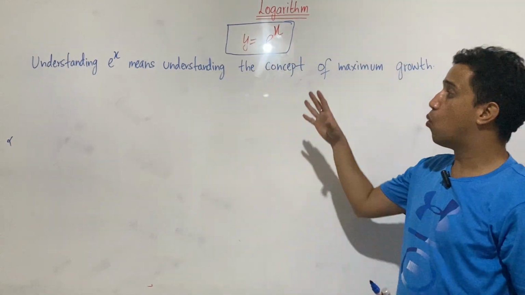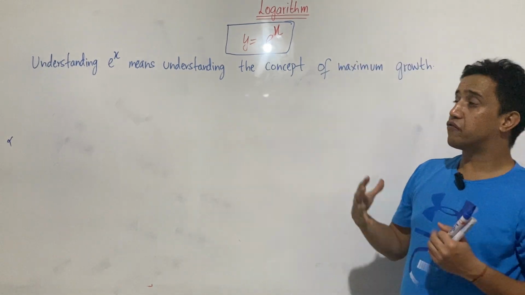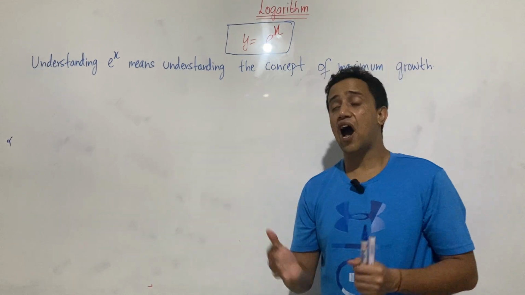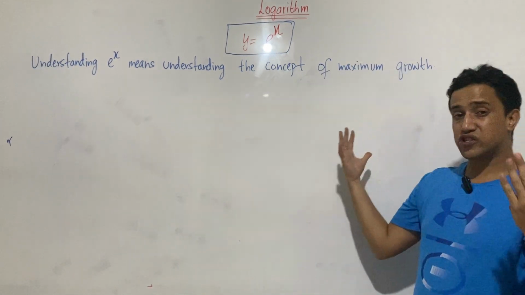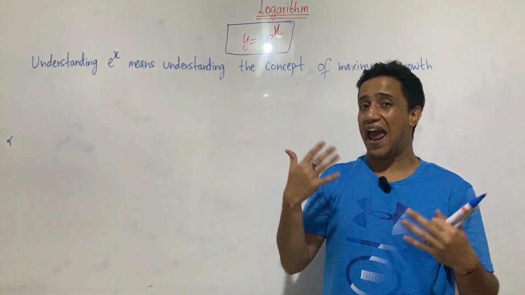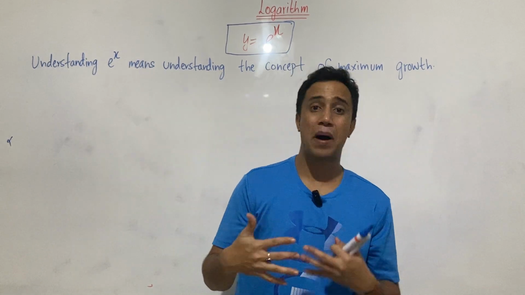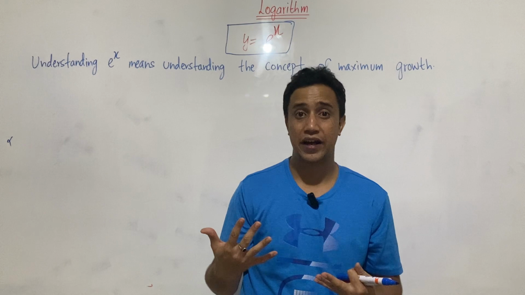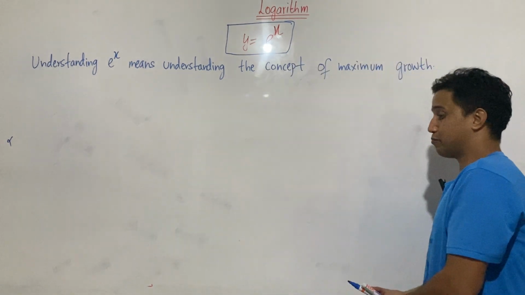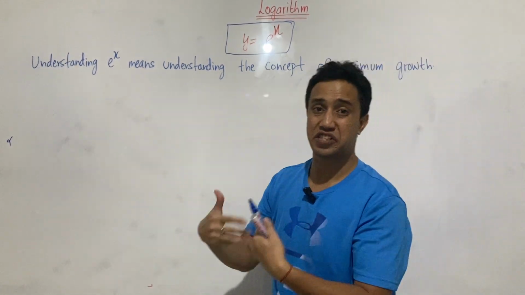The reason we are doing it today is that I want you to understand the concept of maximum growth. If you understand it, it will expand your horizon and you will understand how compounding should work and how it works. So you will see the power of continuous compounding.